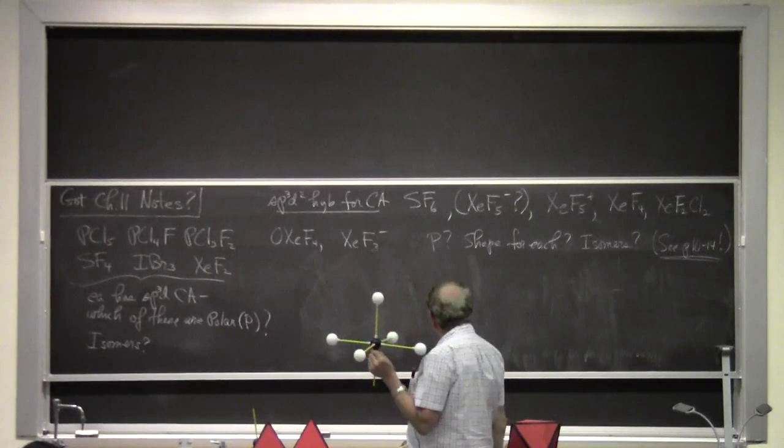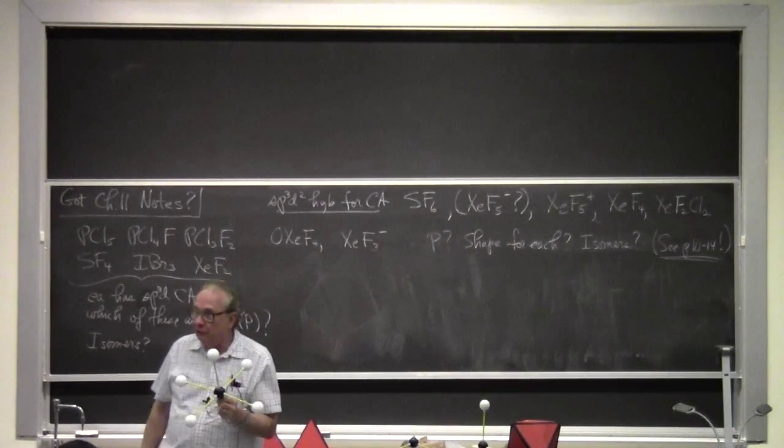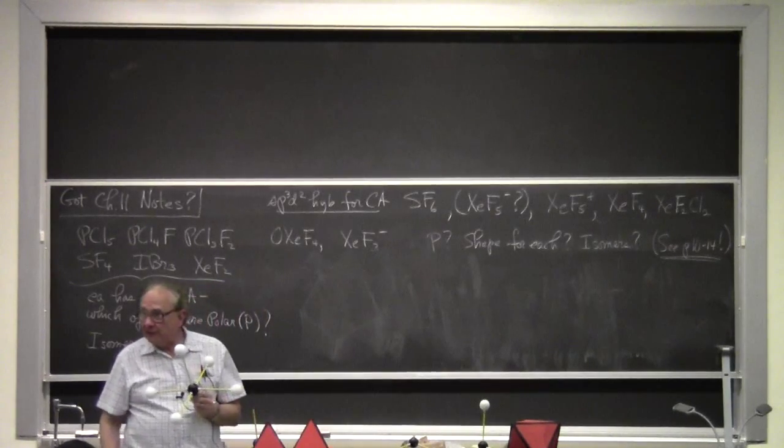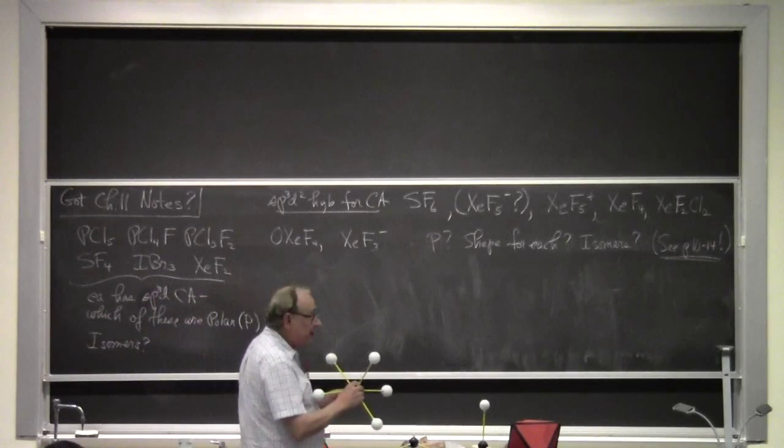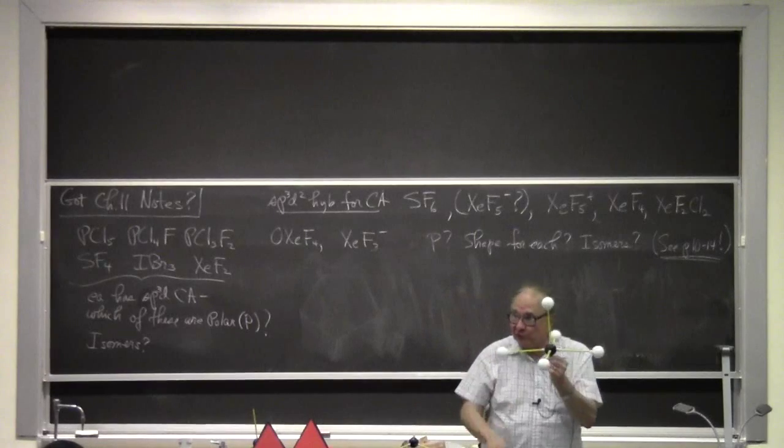Now then, let's go to XeF4. Again, sp3d2 hybridization. So when I get to XeF4, now I've got 2 non-bonding pairs. Where should it be?